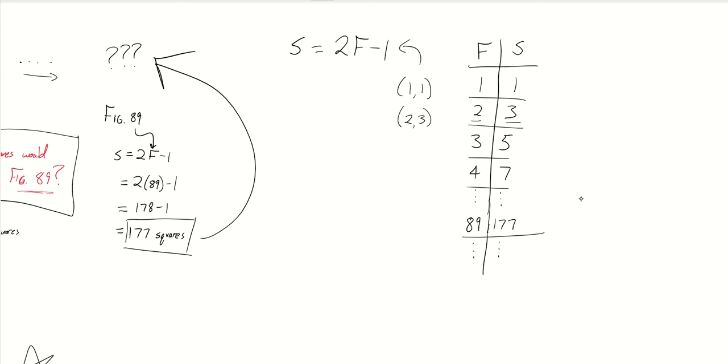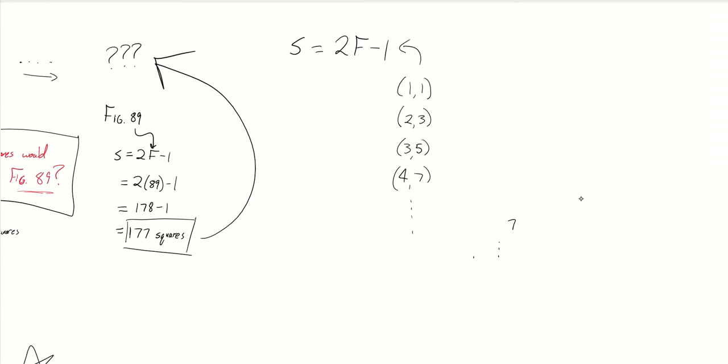When f equals 2, s must be equal to 3. 3 and 5 is an ordered pair solution. 4 and 7, and so on, right? And we have many more ordered pair solutions here. Now, if we wanted to graph this relation, then we could do that.